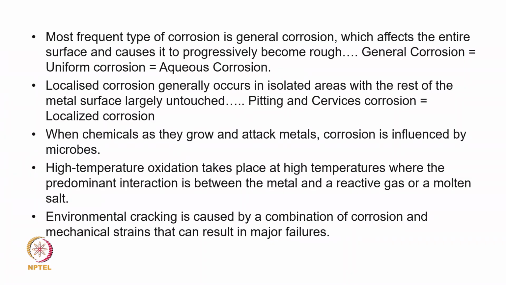So, it is not necessary to consider this as a separate category. Another one I mentioned, environmental cracking, is caused by the combination of corrosion and some additional phenomena. It can be tension, some kind of wear phenomena or mechanical strain. So, again we are not going to consider this as a separate category, and it is better to consider only cracking under stress and tensile conditions.